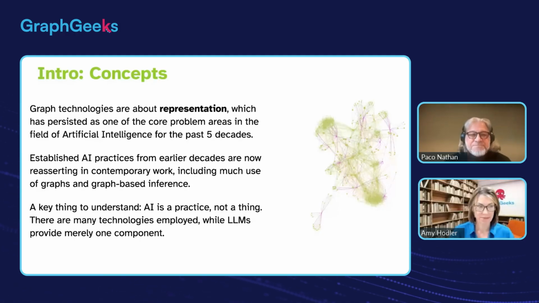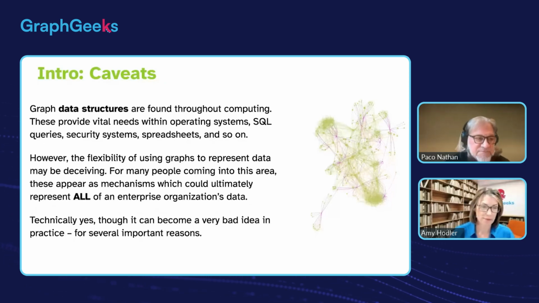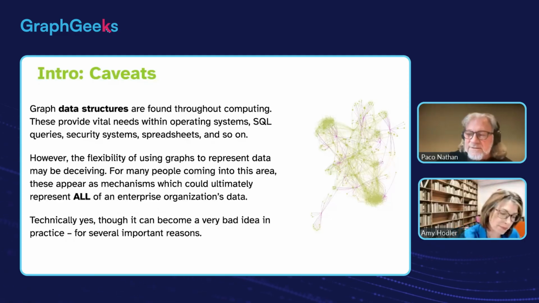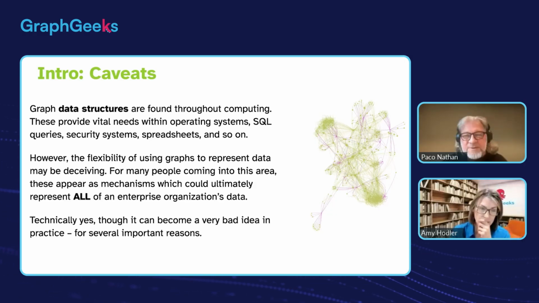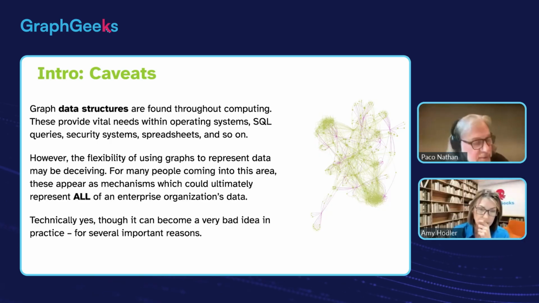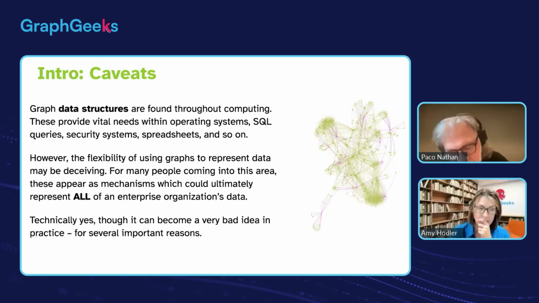Graph data structures. You can find graph data structures throughout computing. If you dig into the internals of the Linux operating system, you will find a lot of instances of using graphs in really critical ways that are relatively arcane, and they're not exactly what we're talking about when we talk about, say, graph databases. But also, if you look at how SQL queries are planned and optimized, these are graphs.